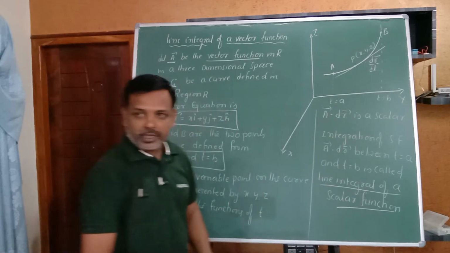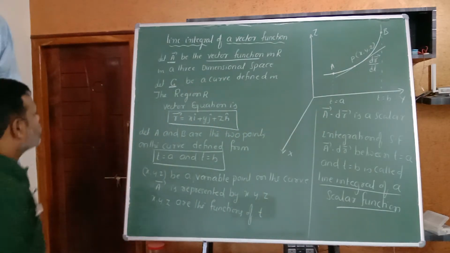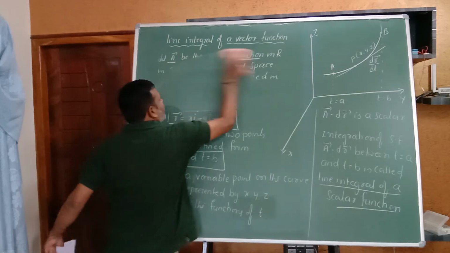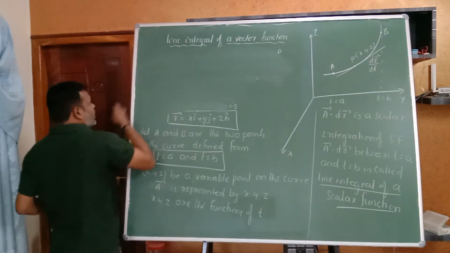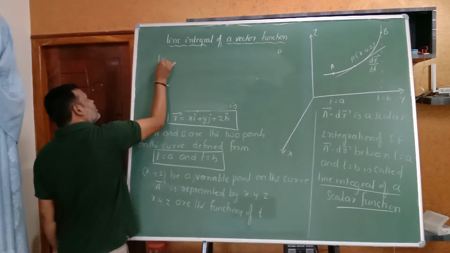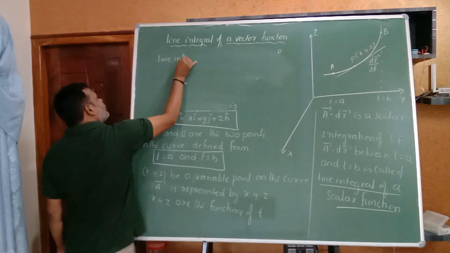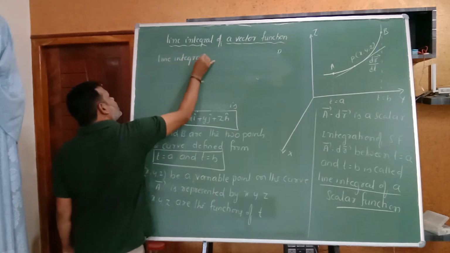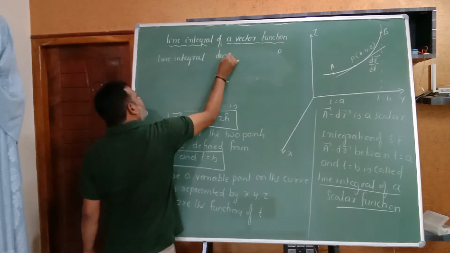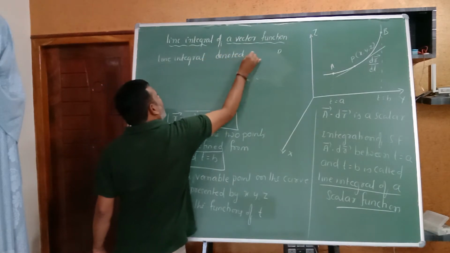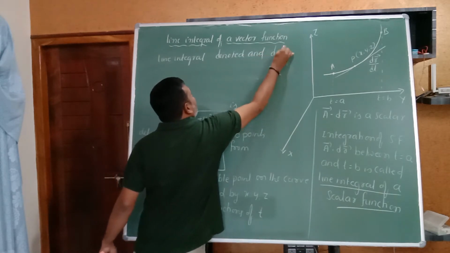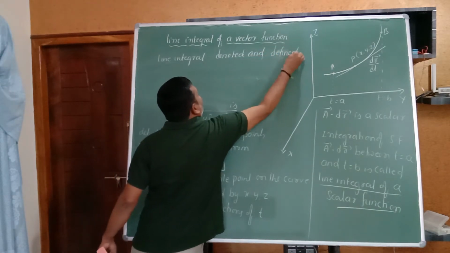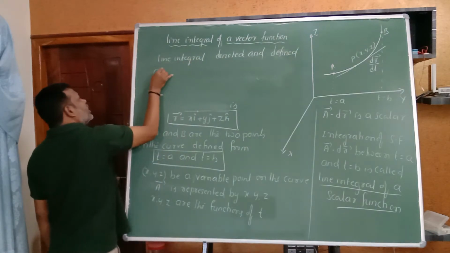Now we have to conclude that. So what to conclude here, sir? This is very, very important. Therefore, line integral is denoted and defined as, how are we going to write?